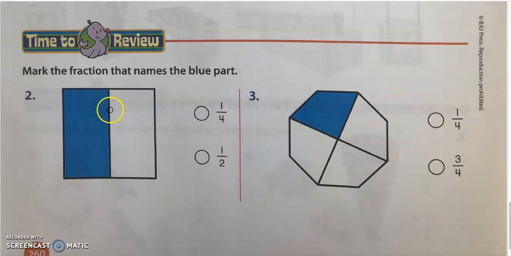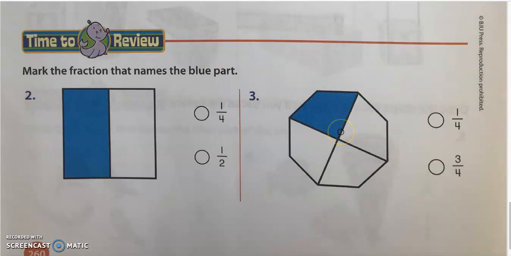So how many rectangles do we have here? Right, we have 2, right? So at the bottom, we need number 2. And how many blue parts do you see? Only 1, so we would need 1 on top. So 1 half.